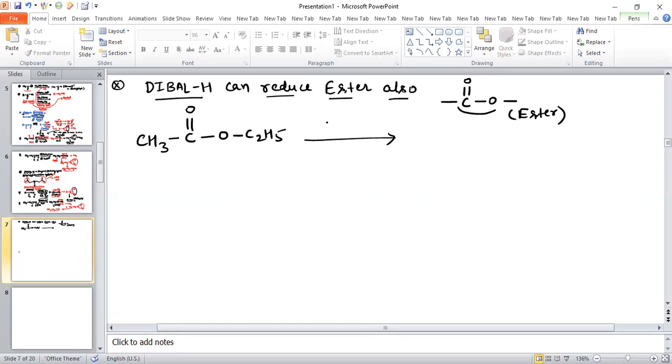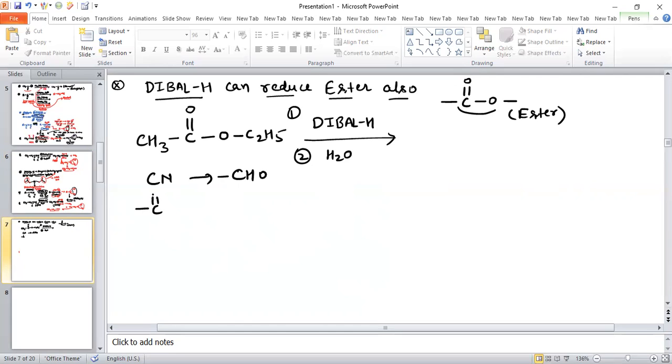And when we add DIBAL-H in the first step, and in the second step hydrolysis, what happens in this case? See, DIBAL-H can reduce esters, and it reduces the nitrile group into aldehyde. So it reduces the CN group into CHO.